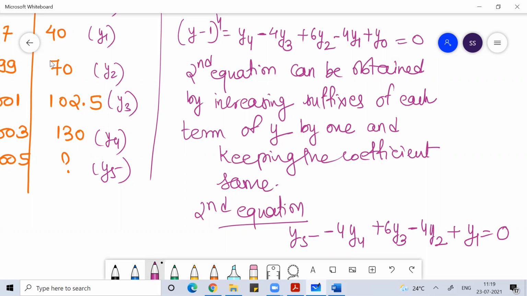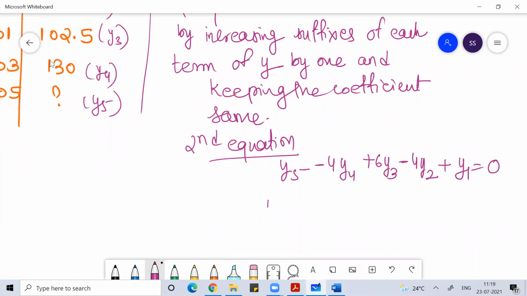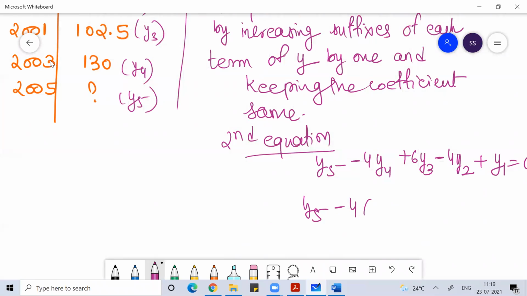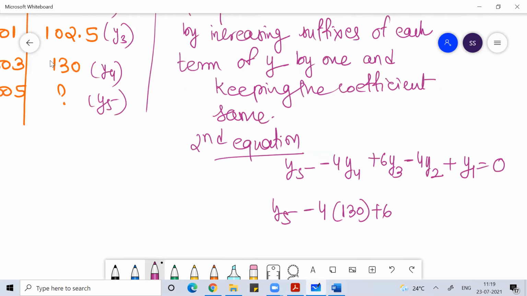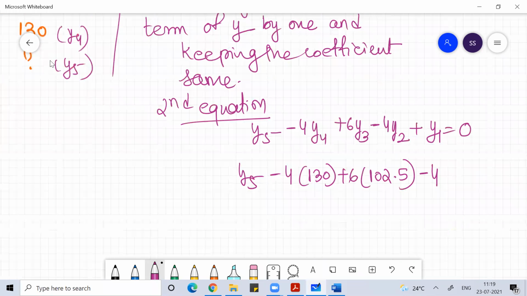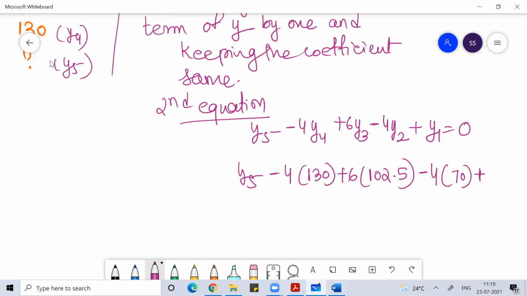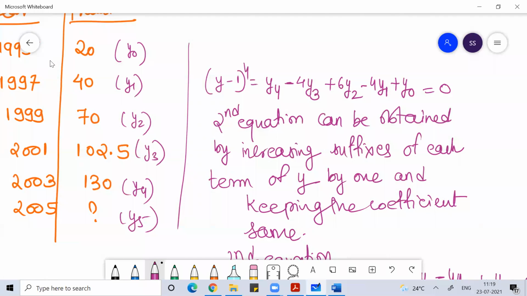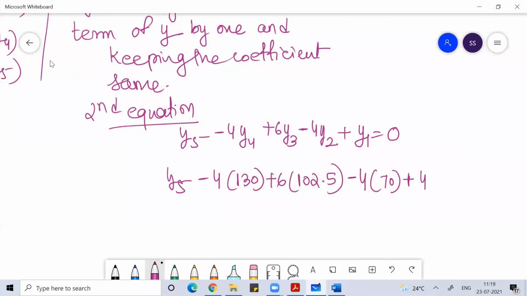Because first through interpolation you estimated the interpolated value, now through extrapolation we try to estimate the unknown variable, which is our y5, right? So y5 minus 4 times y4, what is the y4 value? 130. Plus 6 into y3, y3 is 102.5, minus 4 times y2, y2 is 70, plus y1, y1 is 40, equal to 0.